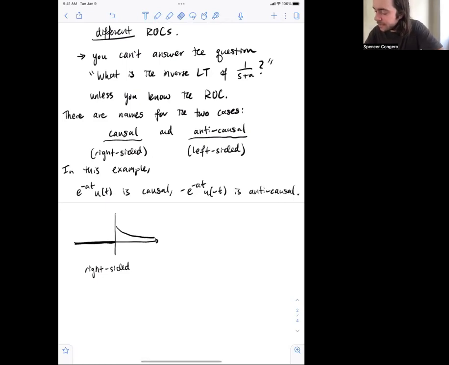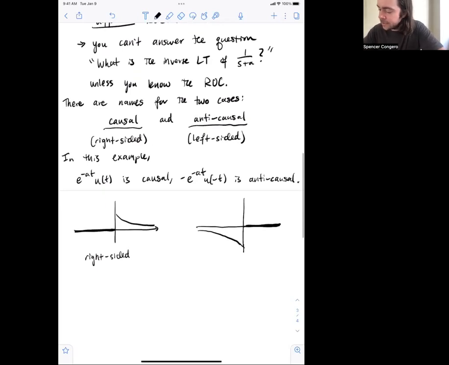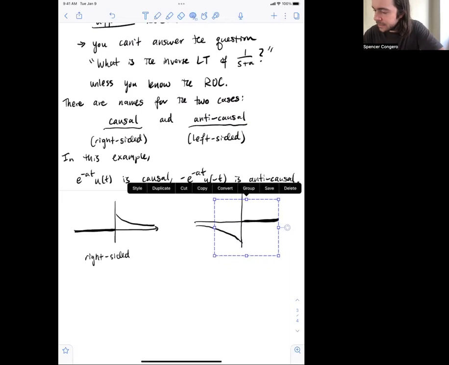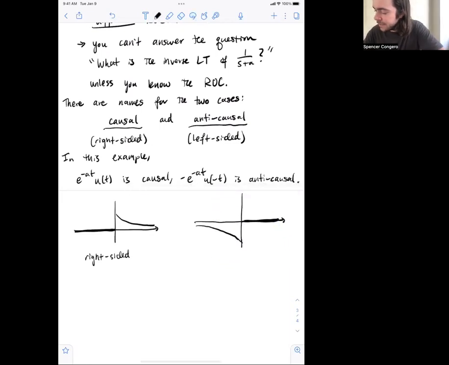Similarly, if I were to draw this function on the left, it's going to be 0 on the right and be, I don't know, some exponential function on the left. This is what we call left-sided, because you can see it is 0 to the right and the non-zero values are to the left. So this is our left-sided function. So we might use the words right-sided, left-sided. We might use causal, anti-causal. You'll see both of them. And so this is what they mean.